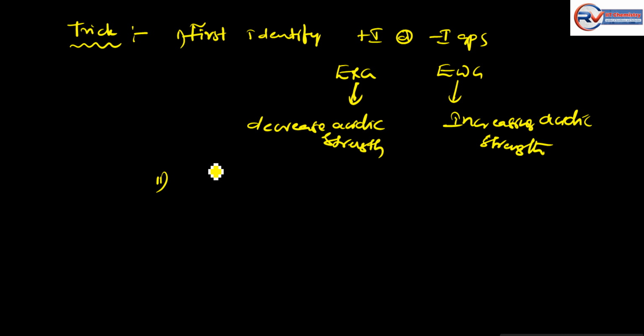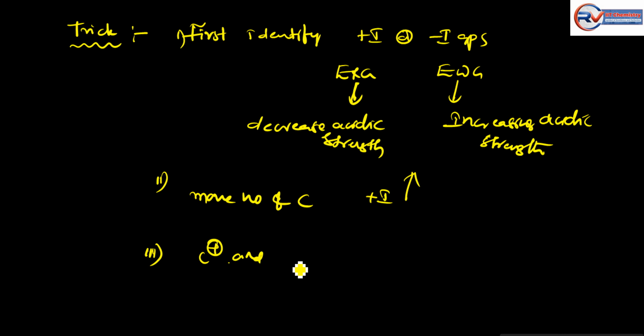Next, with more number of carbon atoms, the plus inductive effect increases. Next, stability of carbocation and carbon free radical is generally tertiary greater than secondary greater than primary.